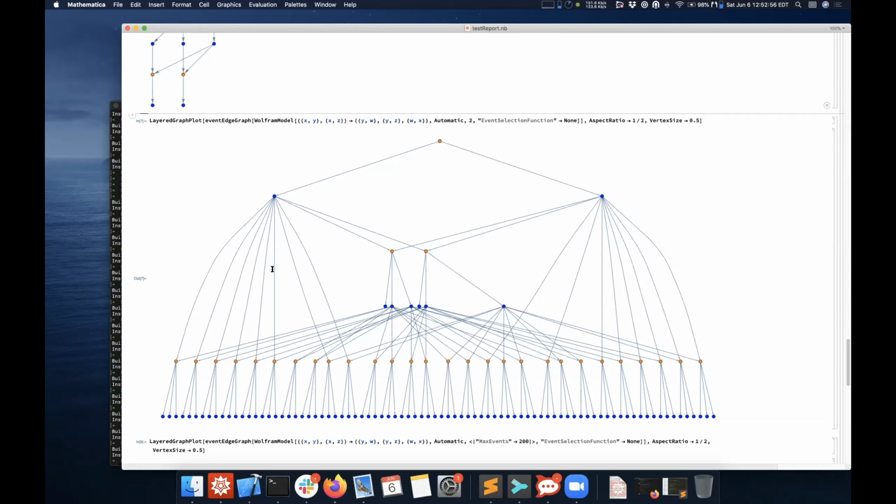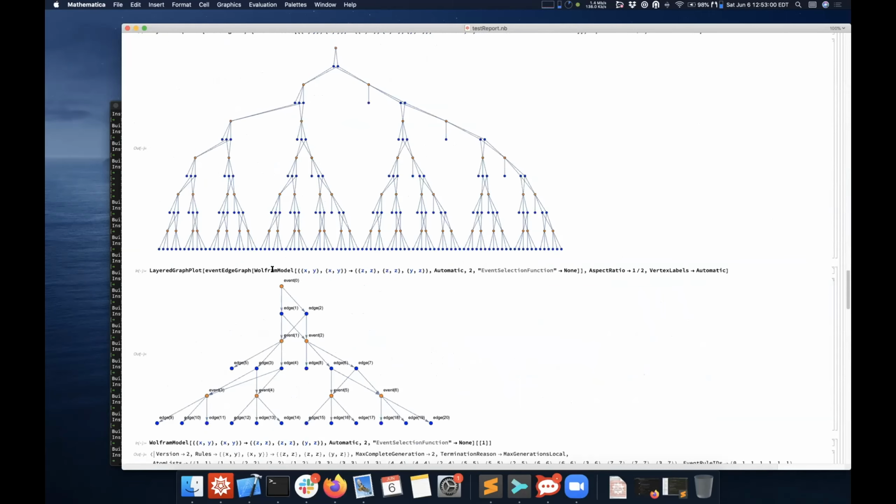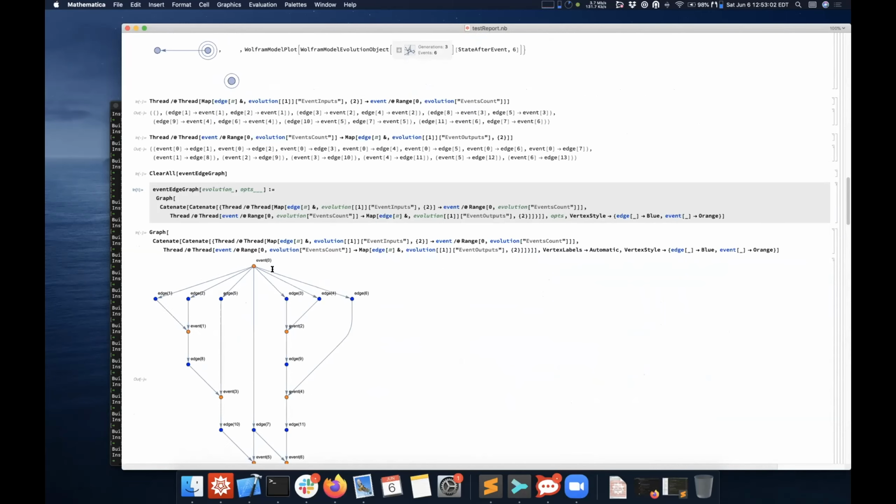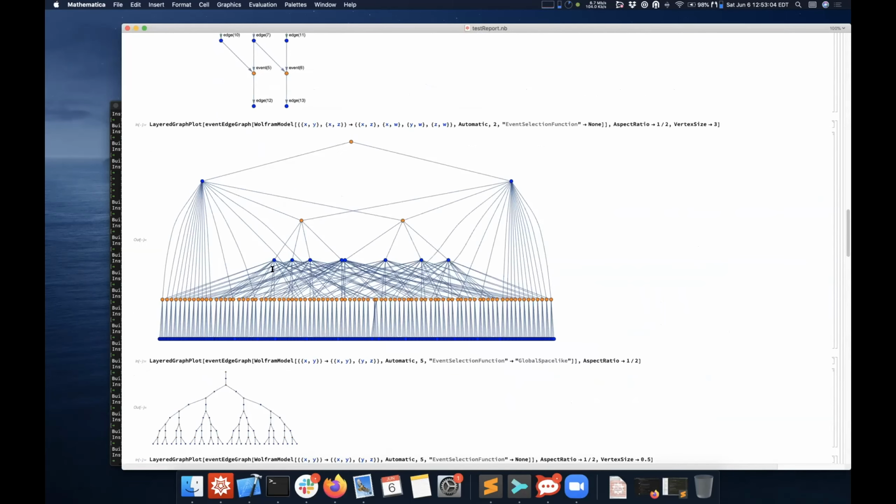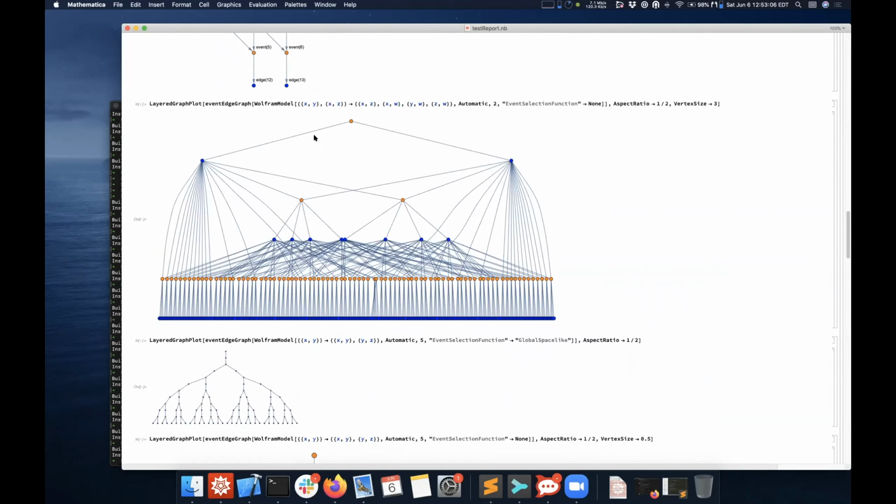Let's look at our original example, the one that we've used as an example many times. Where was it? Is it that one? Yes, it's that one. Okay, that's a bit of a mess. Oh, I see.